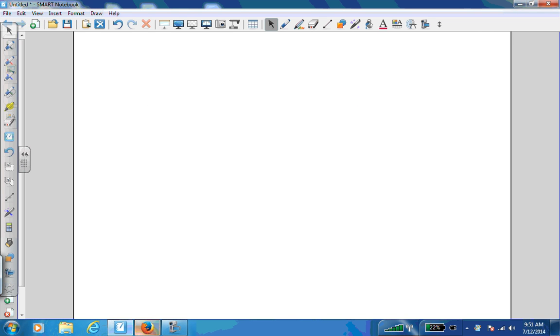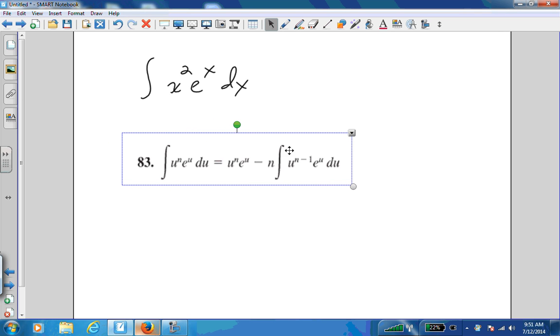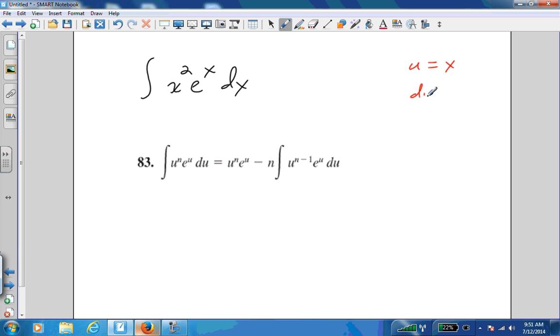So let's move this over. Notice we have our variable to a power, then e to our variable du, which is exactly what we have. So our u is x, so du is dx. Our n, notice n is that exponent of x, that's 2.